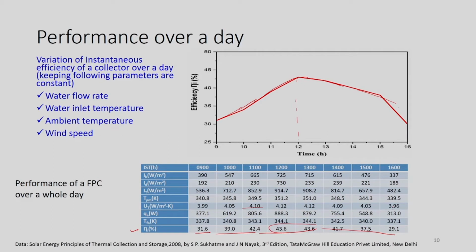This variation was plotted with an assumption that water flow rate, water inlet temperature, ambient temperature and wind speed are not varying during that time. So, what we can conclude here is that with increase in solar radiation, the efficiency can be improved. That is what is demonstrated in this slide.